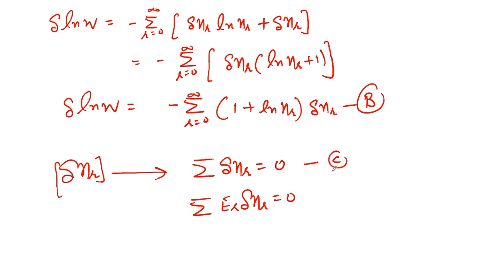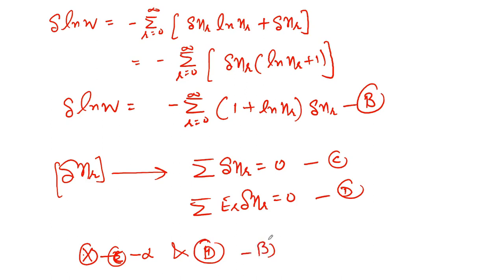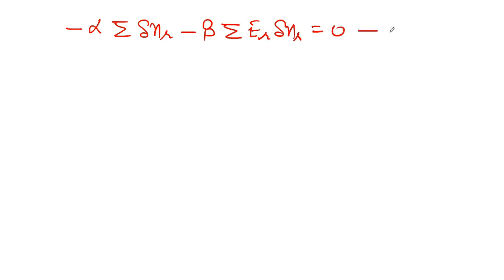Let us say these are equation C and equation D. If we multiply equation C by minus alpha and equation D by minus beta, and add them, we get minus alpha summation of delta nr minus beta summation of er into delta nr equal to 0. Let us say this is our equation number E.